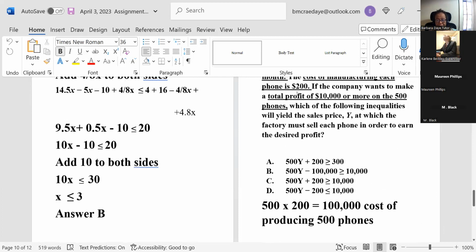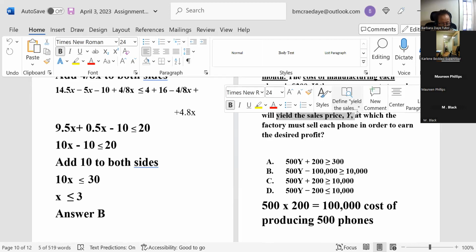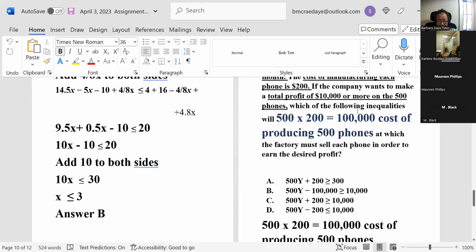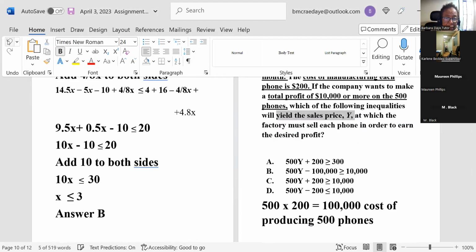Now, if you sell it at a sales price, see, they gave you the sales price, Y. So you've got that. You've got to use that. Okay. So the sales price is Y. So you know the sales price minus the cost gives the profit, right?